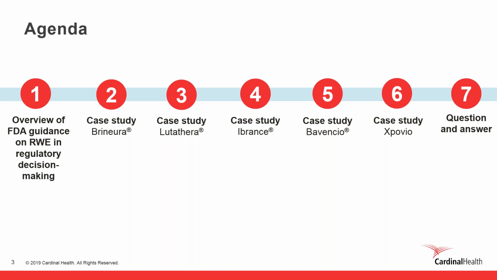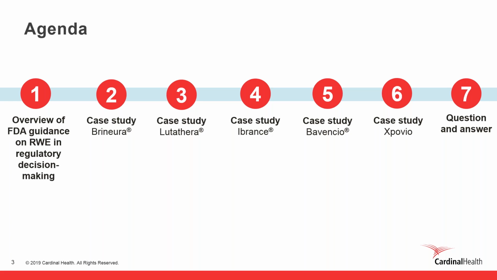So what areas will we cover today? Well, we've got a lot of ground, as you can see on our agenda. First, I wanted to start by providing an overview of the history, current landscape, and guidance provided by the U.S. FDA regarding the use of real-world data and real-world evidence for regulatory decision-making. We felt to aid in this discussion, it would be extremely important to cover different case studies that show the uses of real-world data and regulatory decision-making.